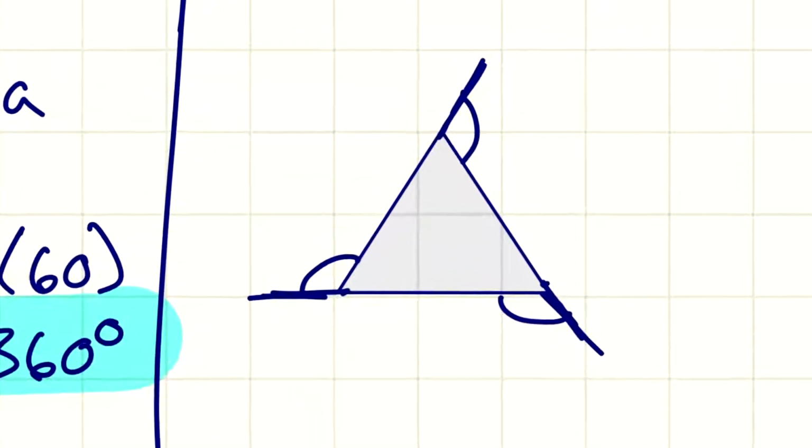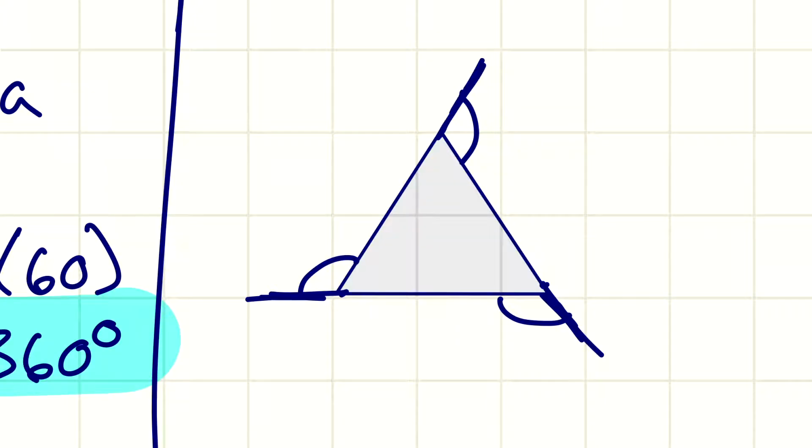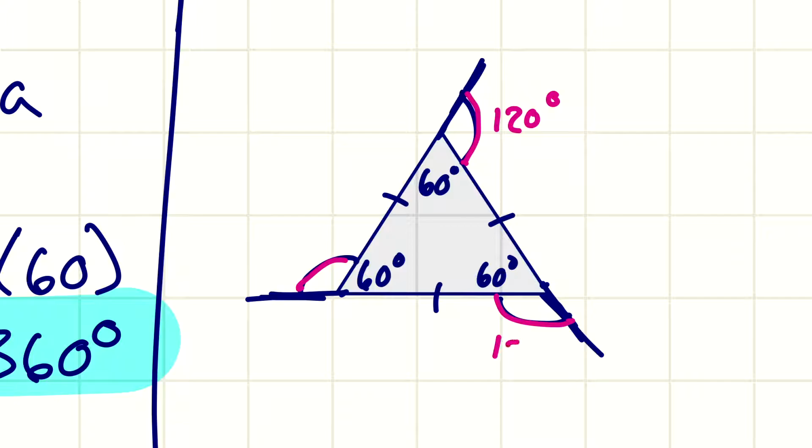So we would need to figure out what the interior angle is equal to. Now this is an equilateral triangle, and if you remember anything about an equilateral triangle, all the angles on the inside are 60 degrees. So then what does the outside angle equal? Those have to be supplementary, right? They have to add up to 180, which means this is going to be 120 degrees on the outside.